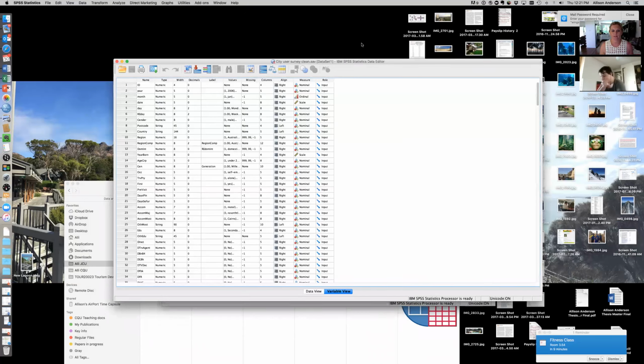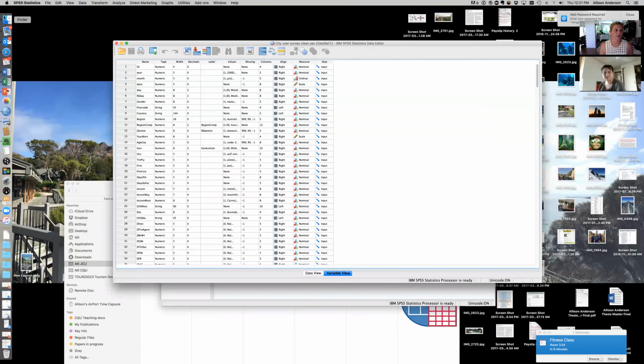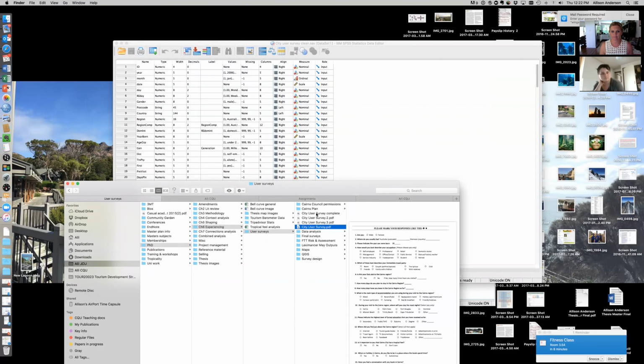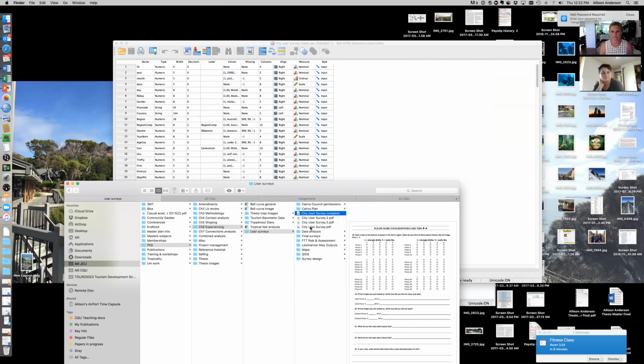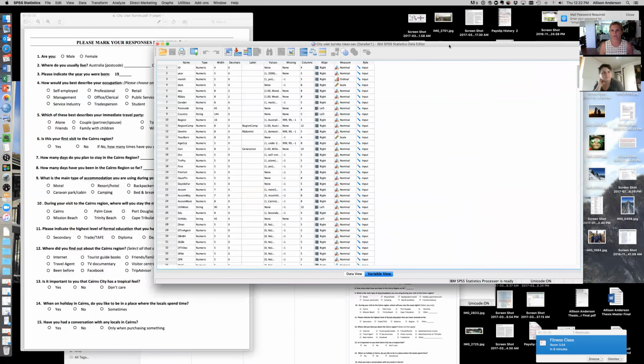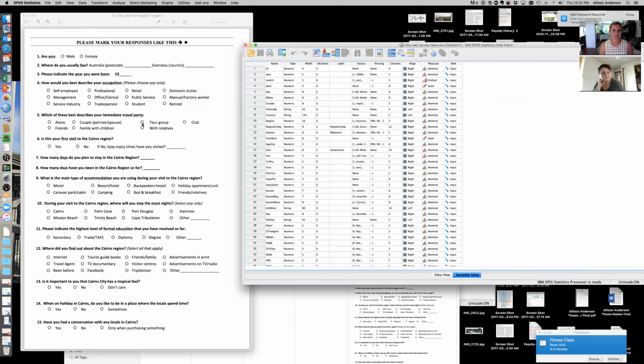Right, so I'll show you what my survey looked like. I've got it in PDF in this really weird thing where it opens only one page at a time. This is the first page of my PhD survey. I went out and asked 550 users of the city in Cairns what the experience of the city is.